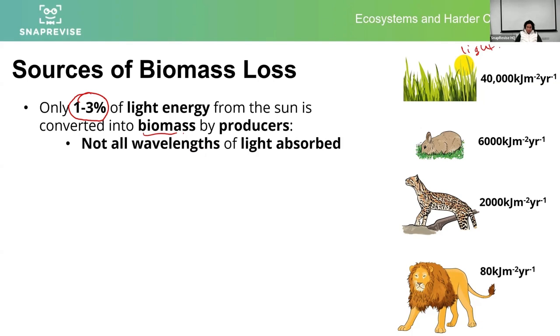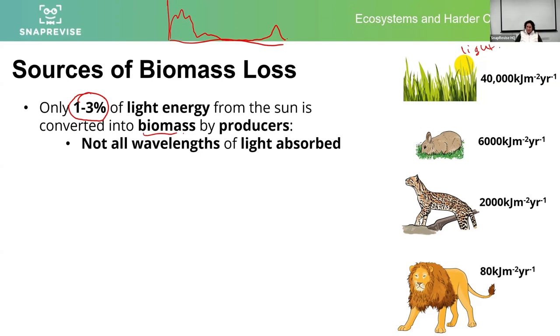The reason is, remember in the photosynthesis session, when we looked at the different pigments, the different chlorophylls, and these spectra showing what wavelengths they absorb? They absorb some wavelengths, then they don't absorb green, and then they absorb a little bit in the far red. So not all wavelengths of light can be absorbed by plants.